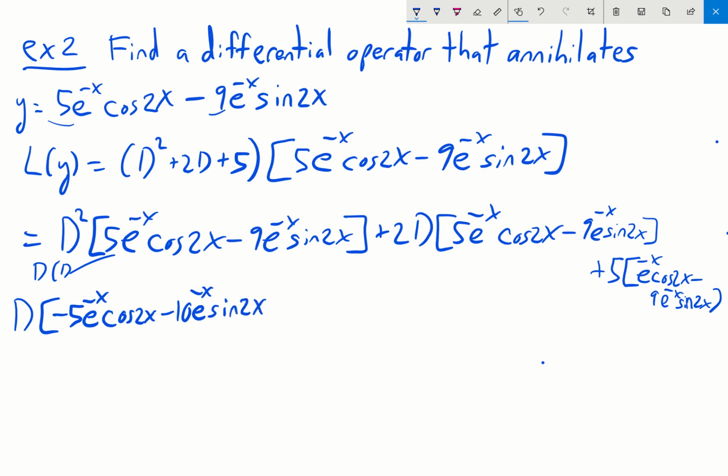The first derivative of this piece would be plus 9e to the -x sine 2x minus 18e to the -x cosine of 2x.